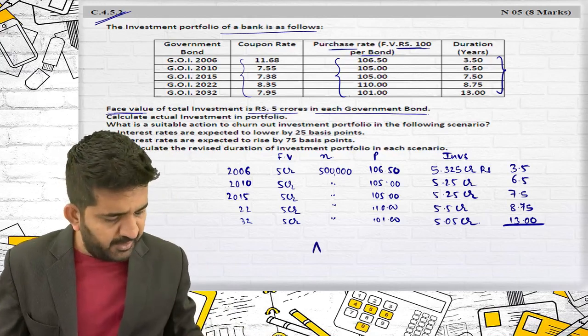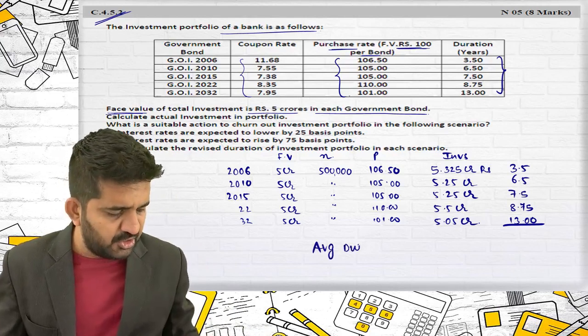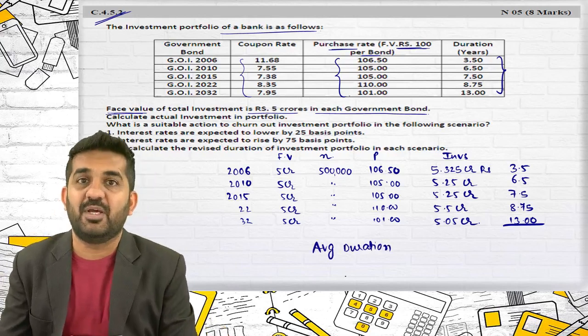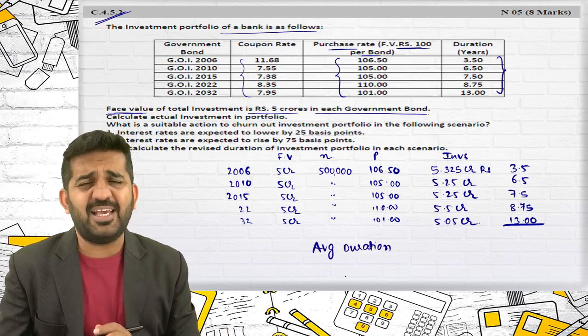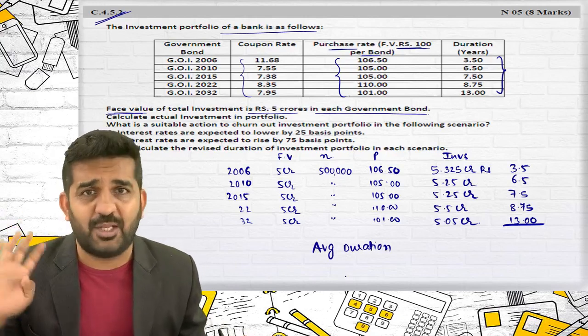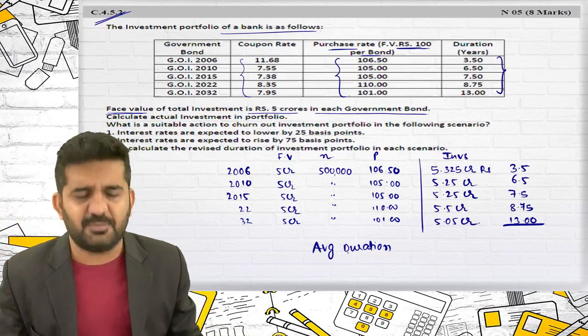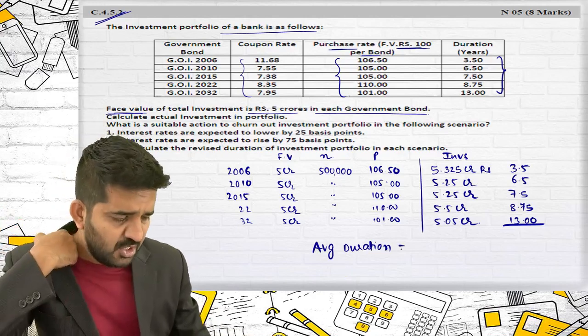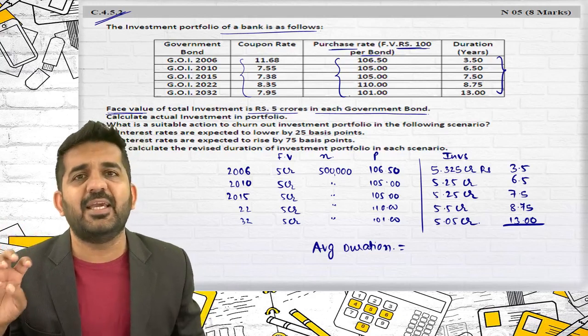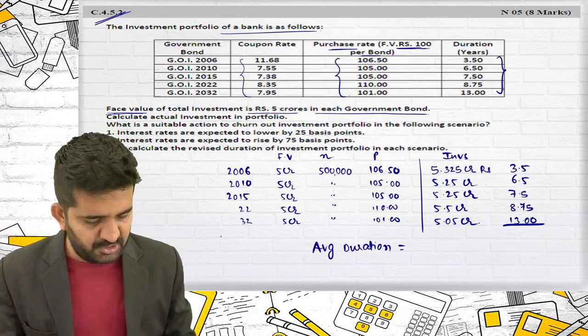If I want to find out average duration, try to concentrate. Average duration cannot be found by simple average. But as the investment is equal as far as face value is concerned, you should take purchase price. Only for this particular question, I am taking a simple average.